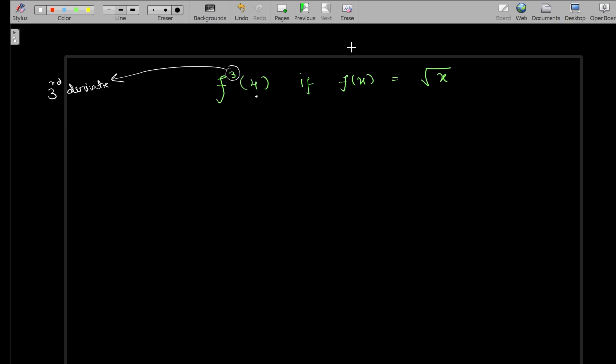Okay, so first let's find out the first derivative. So 1 over 2 root x. Then the second derivative, so that means differentiate it again.